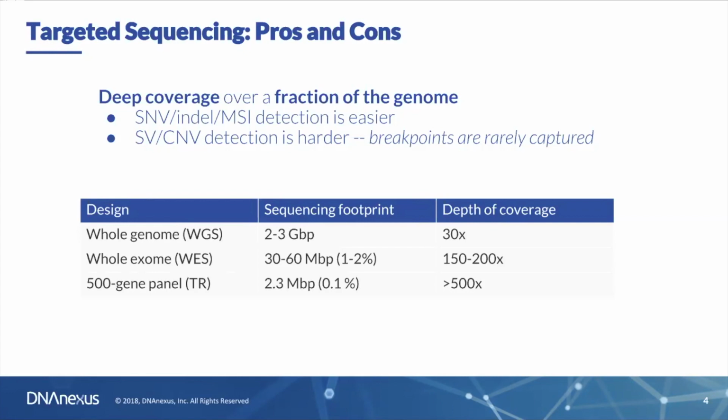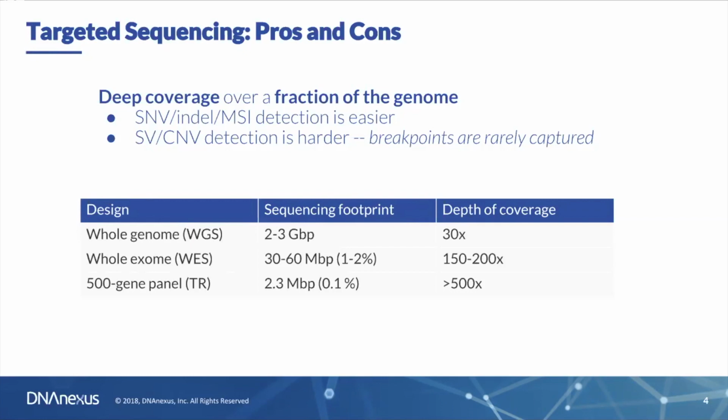We can go a bit further with that idea by designing a target panel for just the genes that are associated with your disease of interest. There are about 500 genes that are associated with cancer and actionable or informative in some way. So a target panel of those might give you a sequencing footprint of 2.3 megabase pairs.